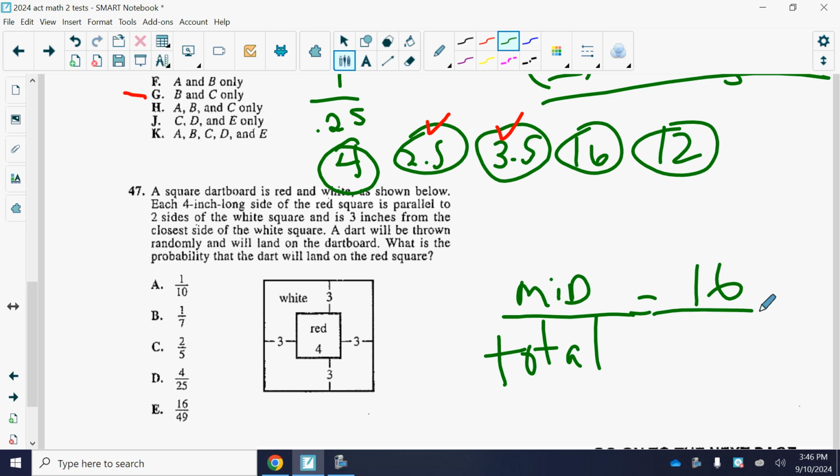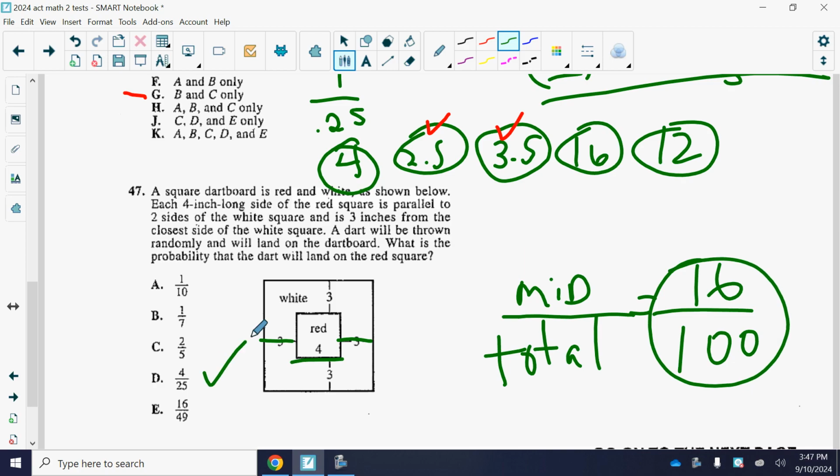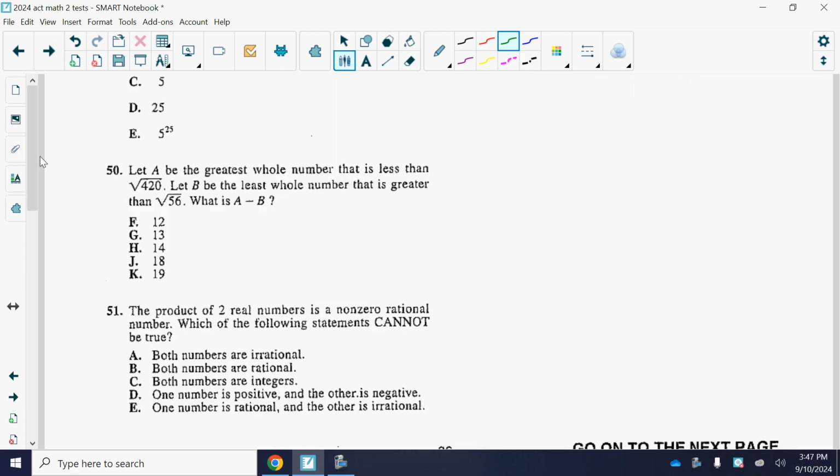The total is also a square, and watch out, it's 3 and 3 and 4. It's 10 by 10, 100. So the answer is 16 over 100. Math fracca. And that's D, 4 out of 25. It reduces.